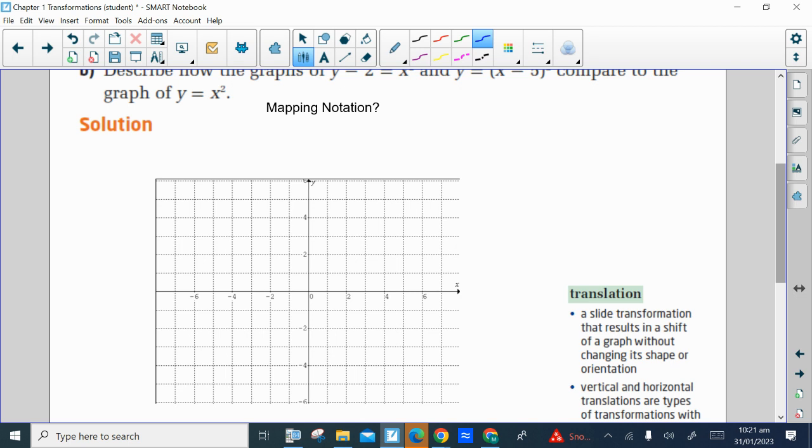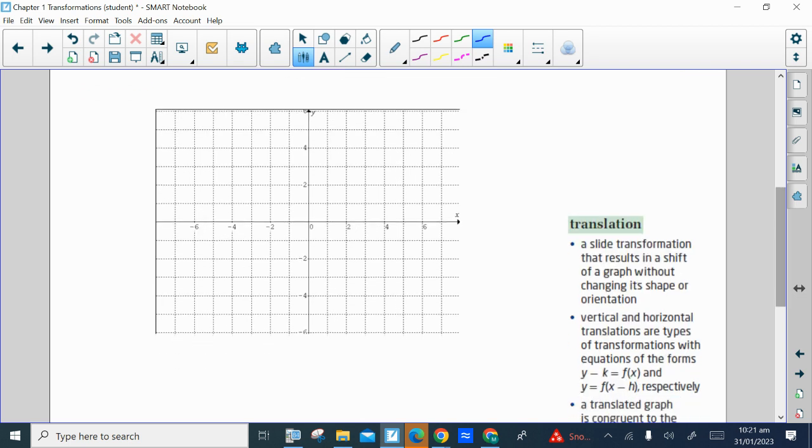But in this case, we're starting with y equals x squared. So this is our base graph. We did y equals x squared in 20-1. It's a quadratic that opens upwards. Basically, I'm just doing a table of values in my head here. When x equals 0, 0 squared is still 0. When x equals 1, 1 squared is 1. When x equals 2, 2 squared is 4. Negative 1 squared is still 1.